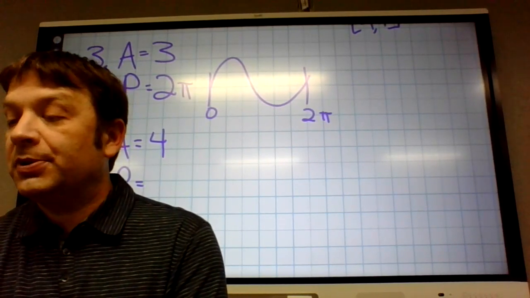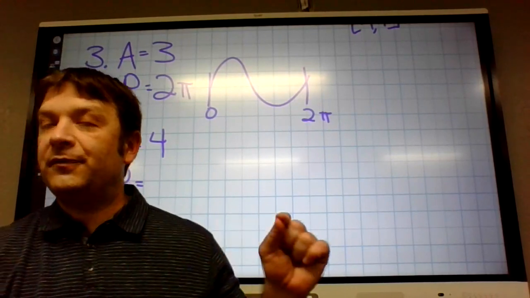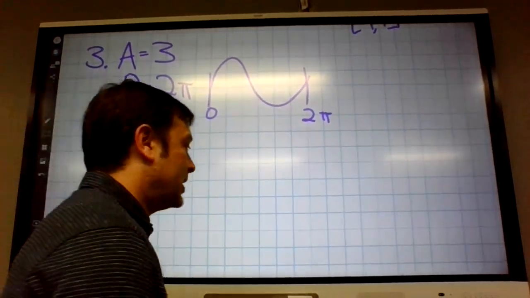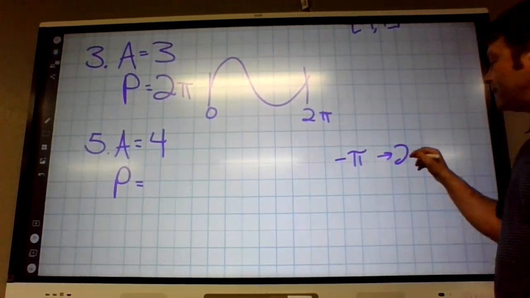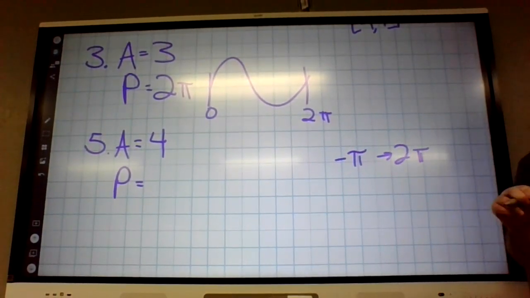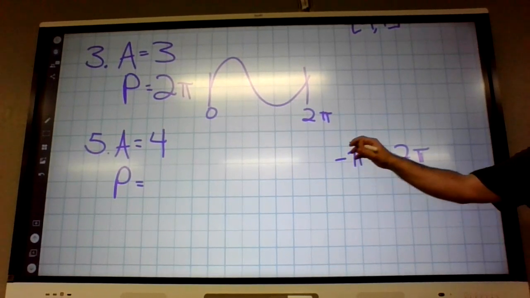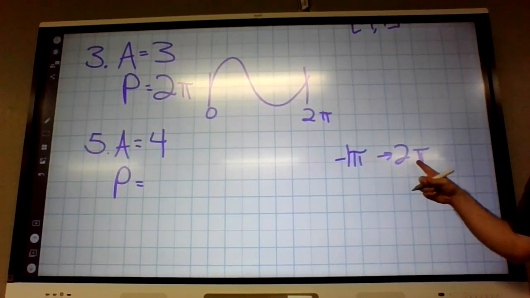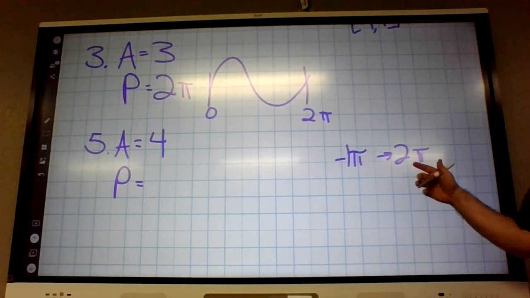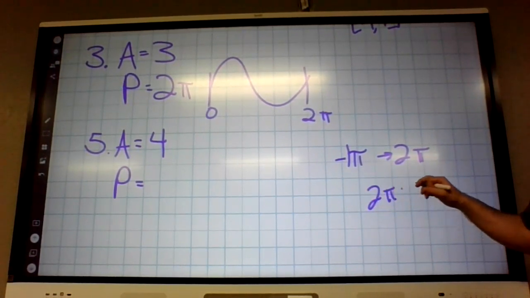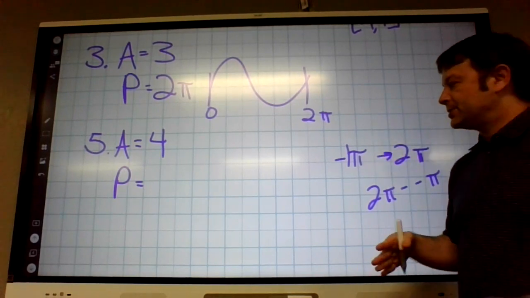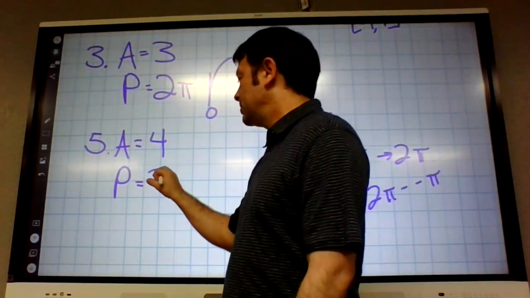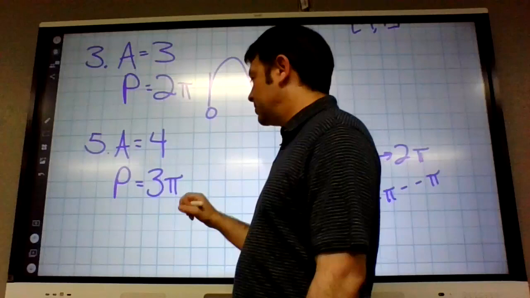So that's how long before it starts repeating itself. How far is it from negative pi to 2 pi? It's 3 pi. It's like how far is it from negative 1 to 2? That's 3. If you're not sure, you could subtract: 2 pi minus negative pi. That's a 3 pi gap.